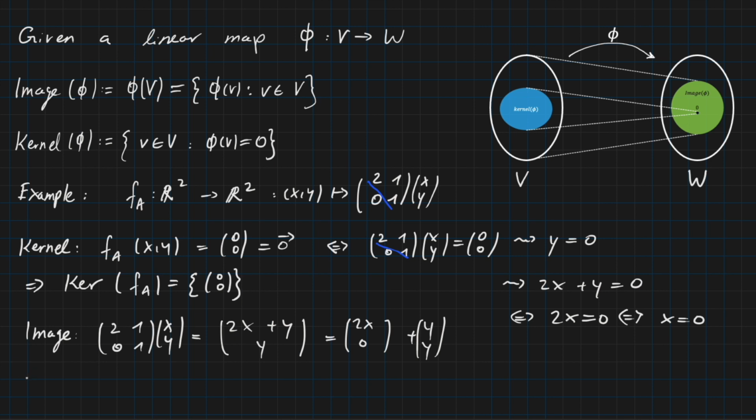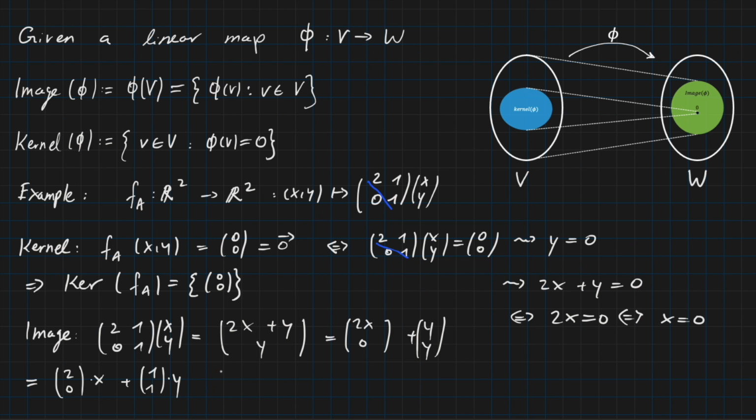And this can be further reformulated to (2, 0) times x plus (1, 1) times y. So we can see that the image is the linear combination of (2, 0) and (1, 1), because x and y are arbitrary real numbers.